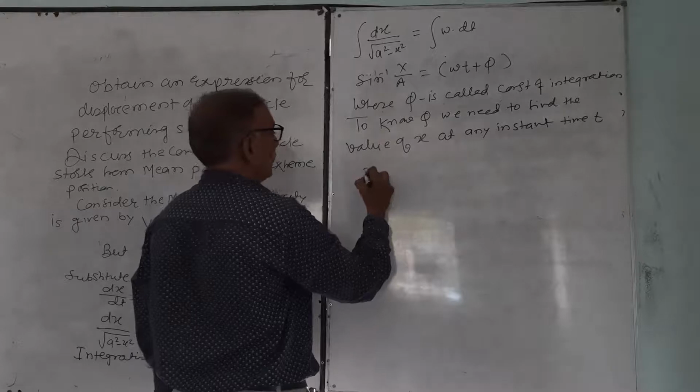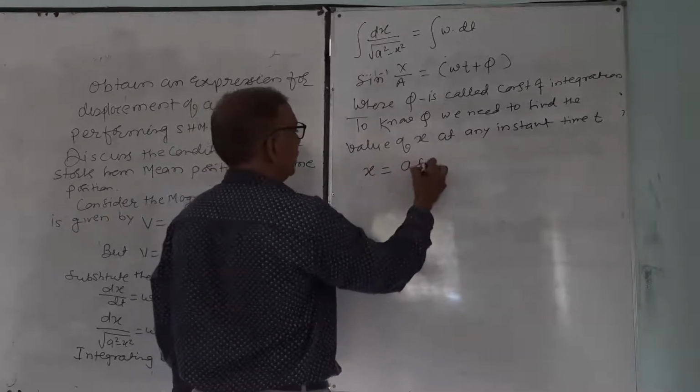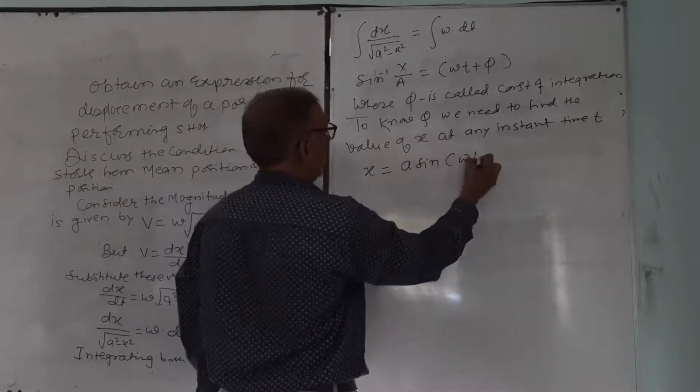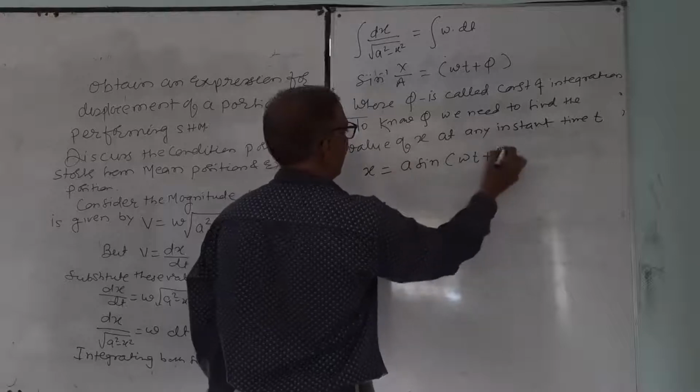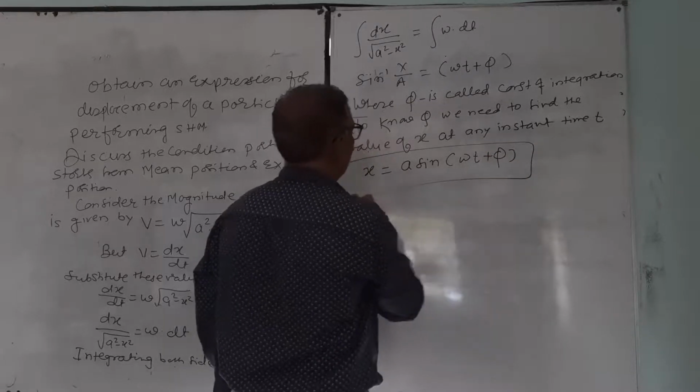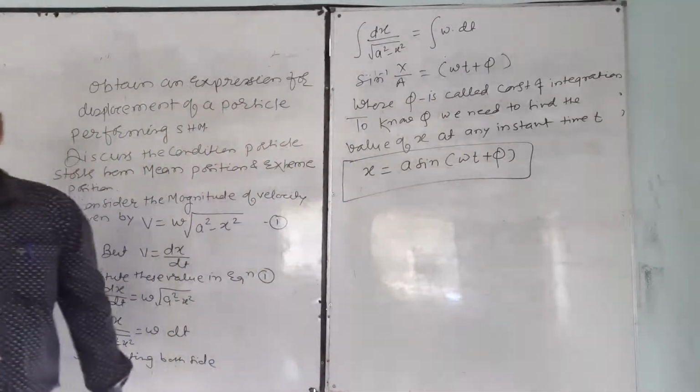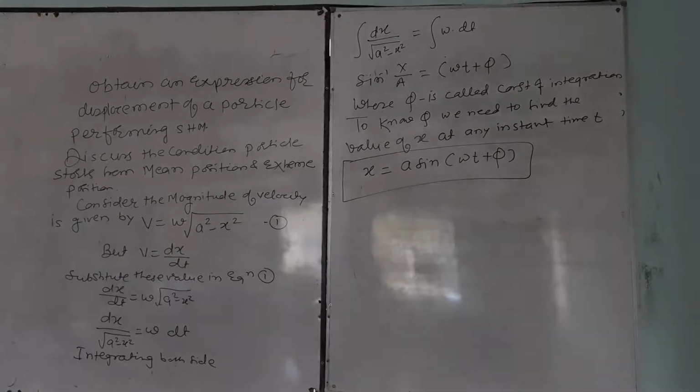Therefore, this equation can be written as x is equal to a sin of omega t plus phi. This is an equation for displacement of a particle performing SHM.